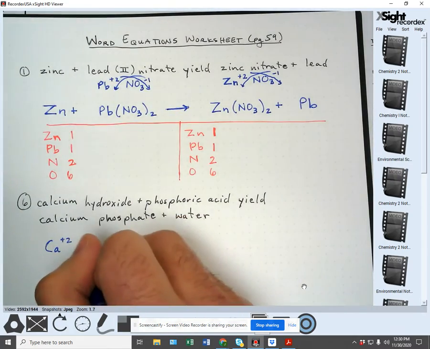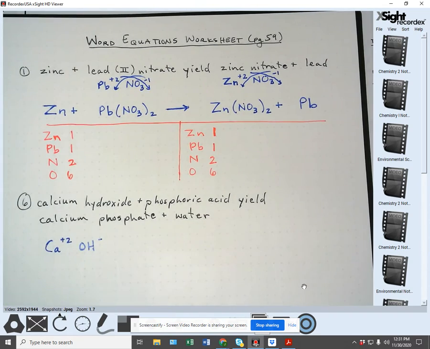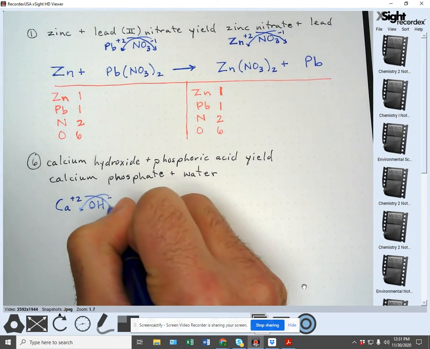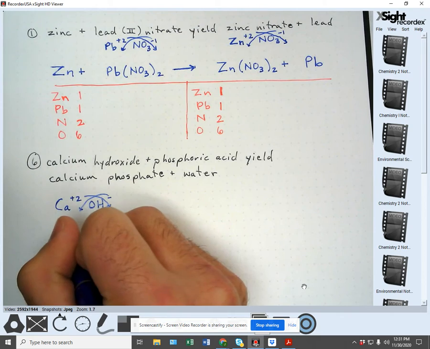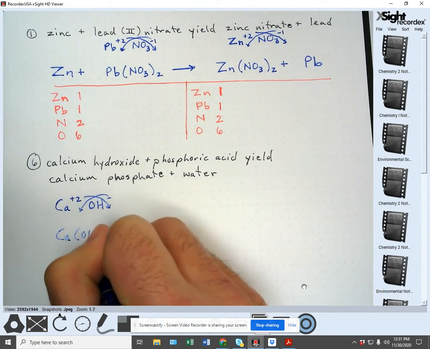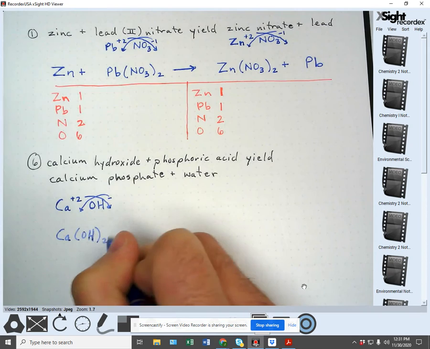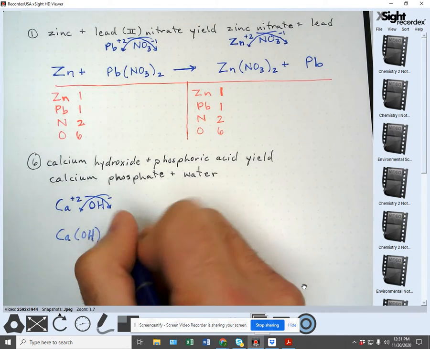That's a polyatomic because I've got 2 capital letters, right? So if I cross down, I end up with Ca, and then I need parentheses around the OH. Even though there's not a number down here, there's 2 capital letters, so I want the 2 to go to both of them. I want to say we have 2 of this whole thing. So it should look like that.